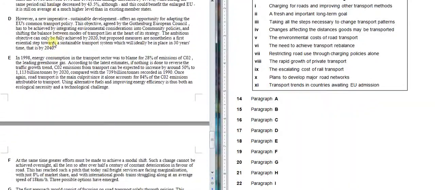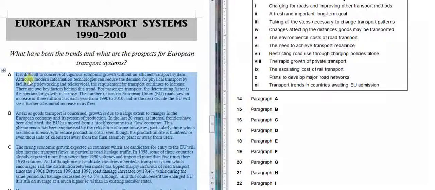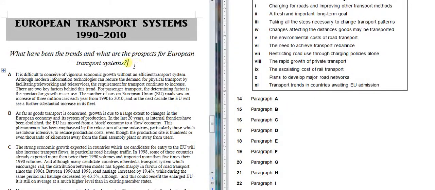Okay, so let's start with paragraph A. Remember, we're looking to summarize here. Nice. The writer gave us a little subtitle, okay? So, European transport systems, we know it's the history of them.